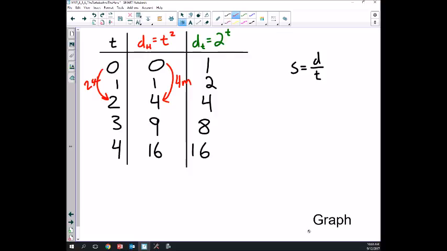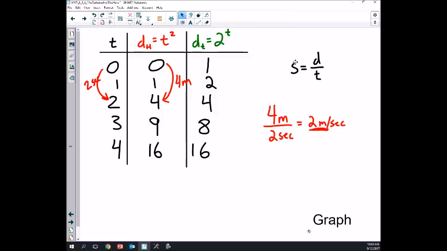So the hare's speed for the first 2 seconds was 4 meters in 2 seconds, which is basically 2 meters per second. Now that's not saying that he was traveling this exact speed the whole time, but if you were to average it out over those 2 seconds, he was traveling 2 meters per second since he went 4 meters in 2 seconds.